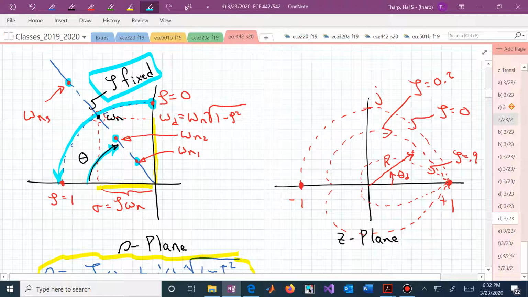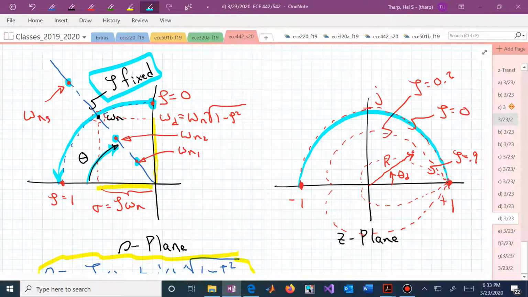Where do those points in the S-plane translate into in the complex Z-plane? First, if we were sticking solely on the imaginary axis, in the S-plane we would have no damping of our sinusoidal response, and that would correspond to zeta equal to 0, or the unit circle in the Z-plane.